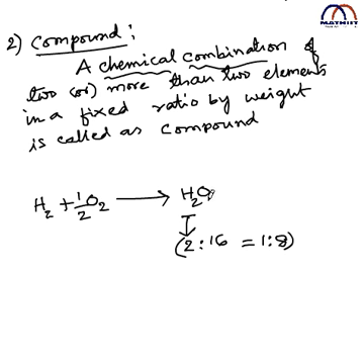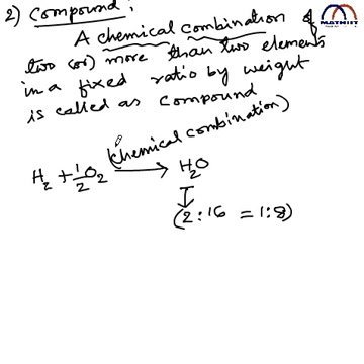In H2O, there is no identity for hydrogen and no identity for oxygen. Altogether, this H2O compound has got its own identity. And this is what is called chemical combination. Whenever the constituent elements lose their identity because of the combination, that is called a chemical combination.